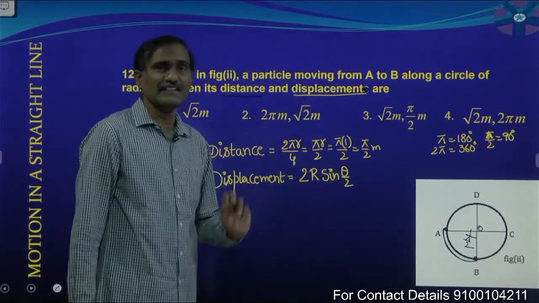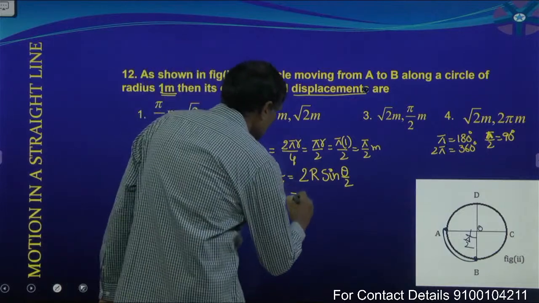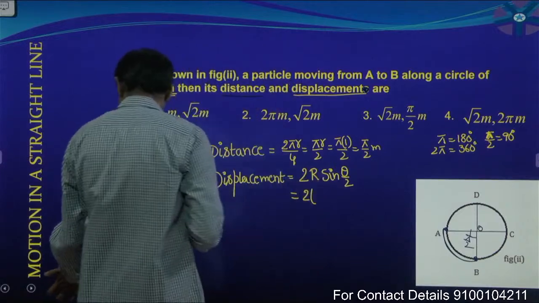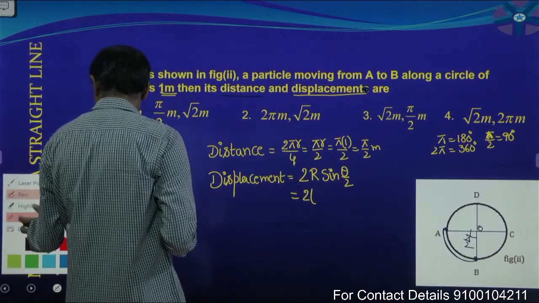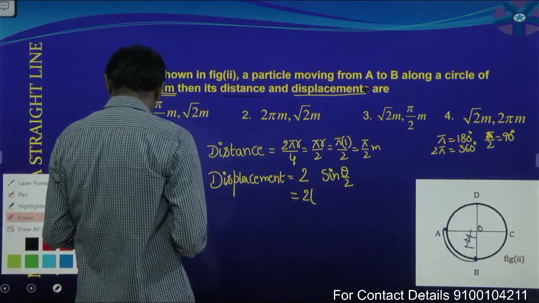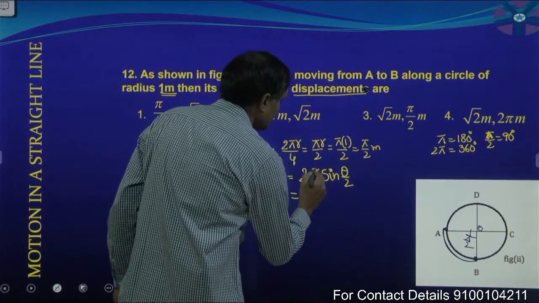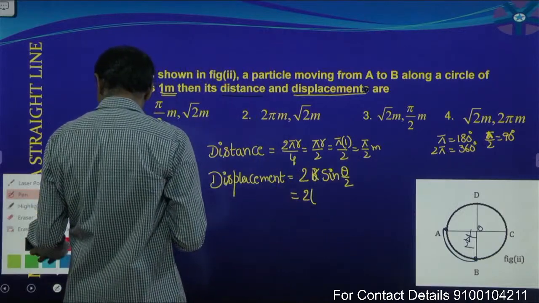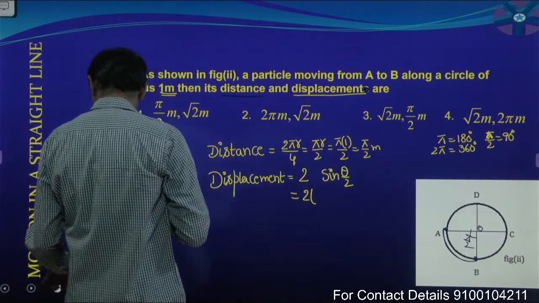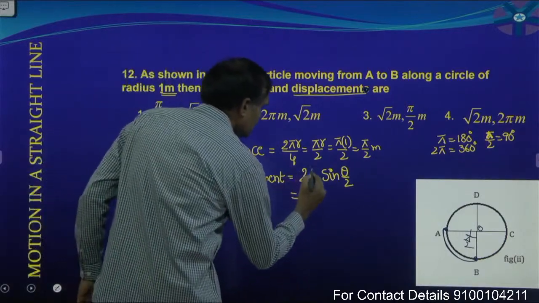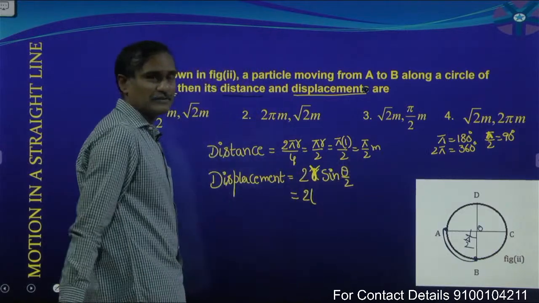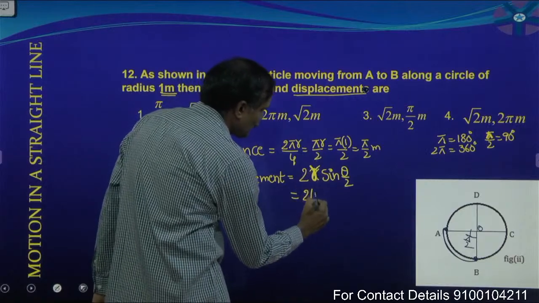Here the radius r is a small letter, so it is 2r sin theta by 2. r is equal to how much? 1.